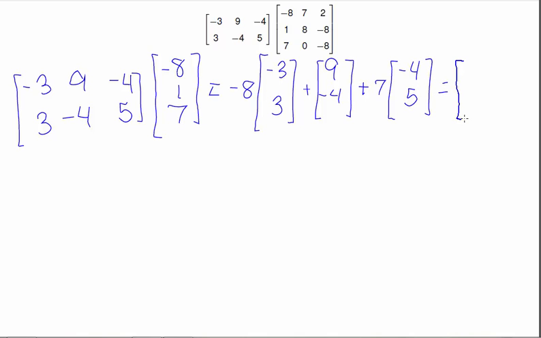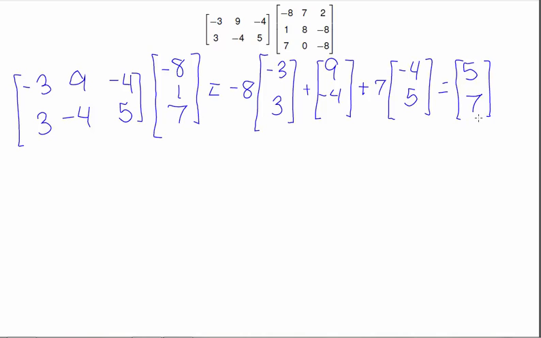And from here, we're just going to use scalar multiplication and vector and matrix addition. So the first entry is going to say 24 plus 9 minus 28, which will give us 5. The next one says -24 minus 4 plus 35, which gives us 7.